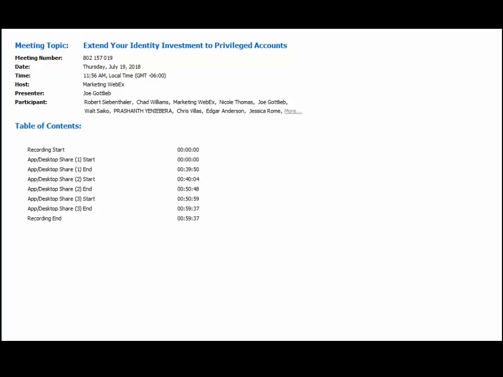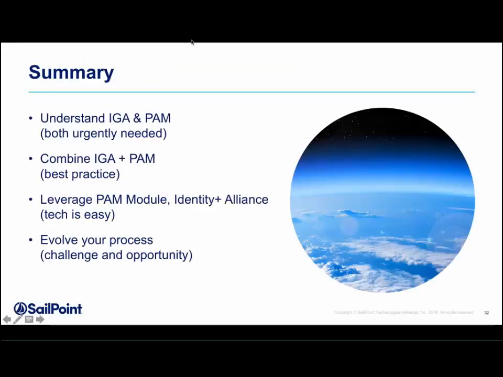All right, thanks, Frank. So to summarize, really this is kind of a call to action, right? If you believe all the things that we talked about in the very beginning about the way the industry is evolving and the attack surface area, and that the biggest call to action to mitigate risk is to do a better job of not only locking down these privileged accounts with a PAM system, but to then govern those accounts via an identity governance system and program, then I think these things will be pertinent to where you're headed.